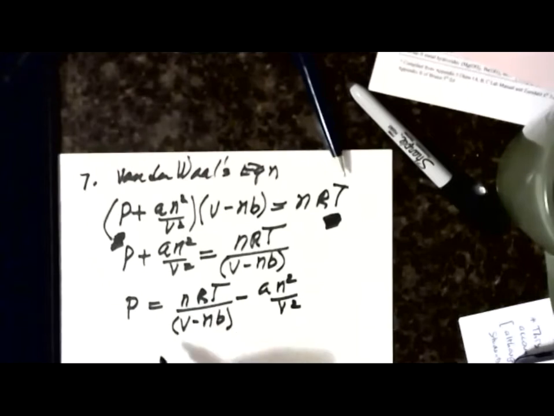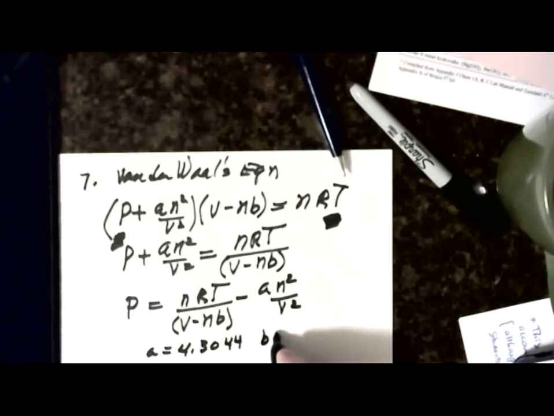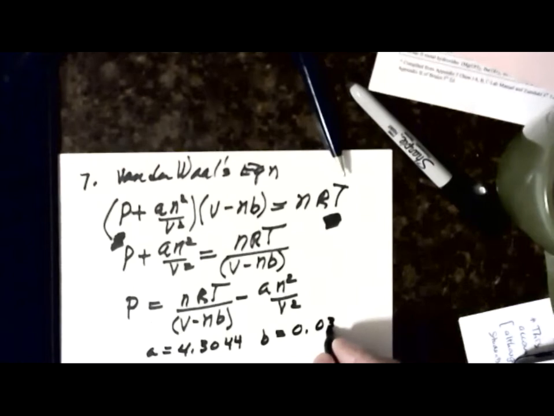Now let's look at the constants. We've got the A value is 4.3044. The B constant is 0.03747.